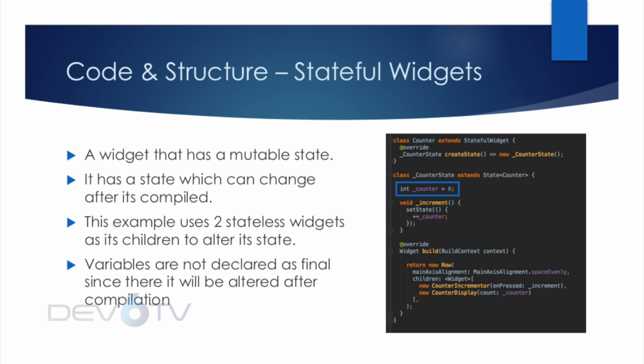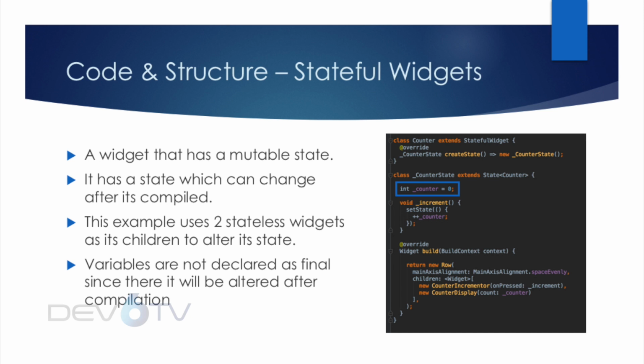So with here, whenever there's an interaction, it says, okay, increment, and the counter will be incremented by 1. And as you can see down here, there are two widgets, the counter incrementer and display. Now, both of these are actually stateless, so nothing changes with them. They are purely for display and interaction.